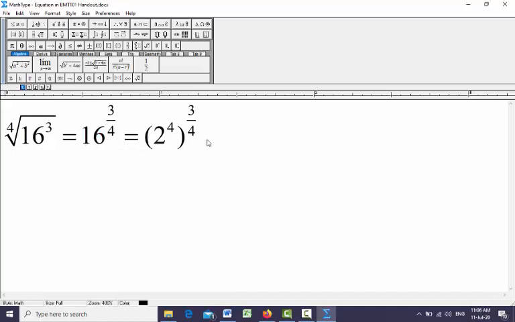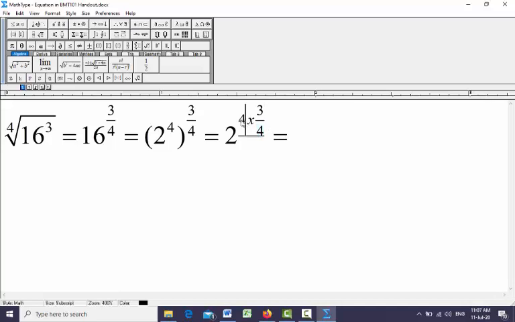As I said before, now as you can see, we have a power inside the bracket, and outside the bracket we have another power. So if there is something like that, the powers will be multiplied together. So that means we will have 4 multiplied by 3 by 4.